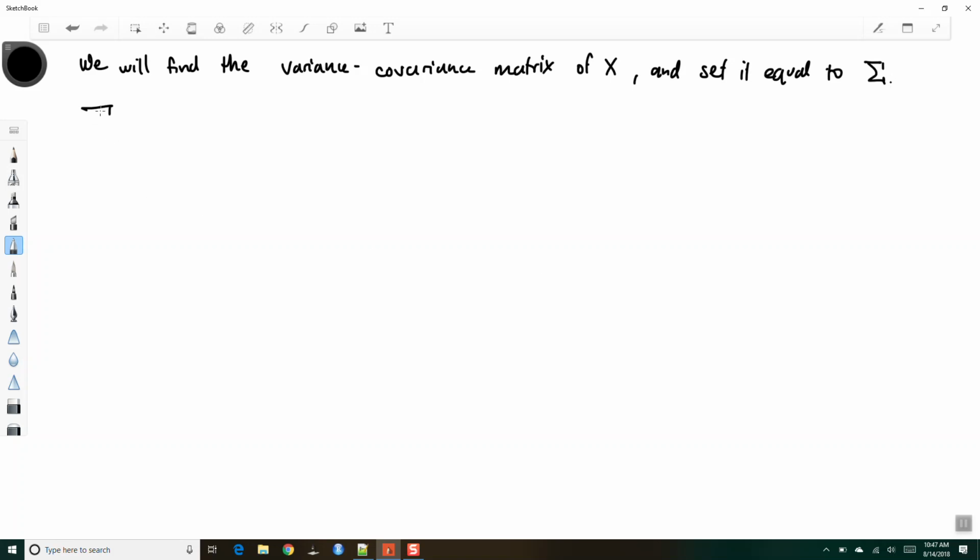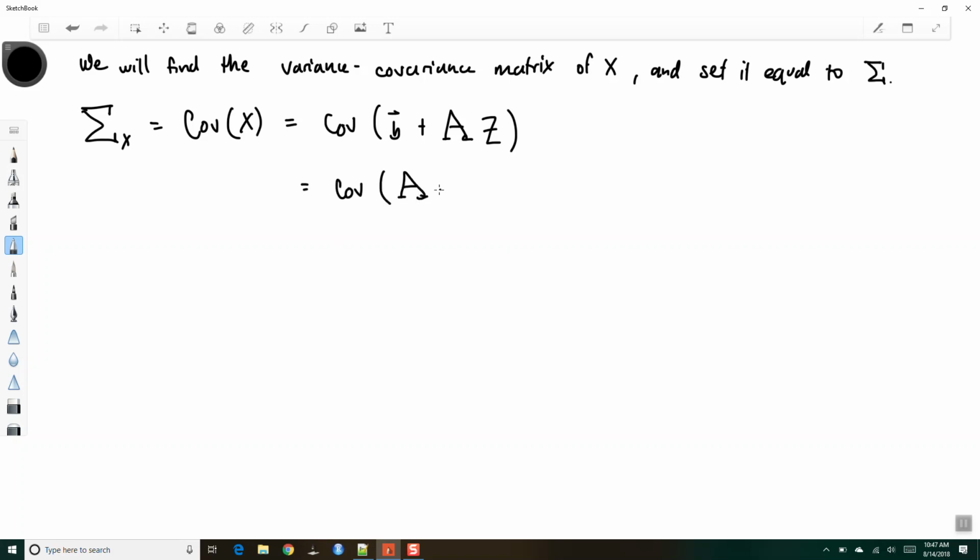Okay, so sigma of X will be the covariance of X, which is the covariance of B plus matrix A times random variable Z. Okay, covariance of a constant is nothing, so this just reduces down to the covariance of A times Z. And if you try to pull out a constant from a covariance term, what happens to it? Yeah, if it's univariate, you square it, okay?